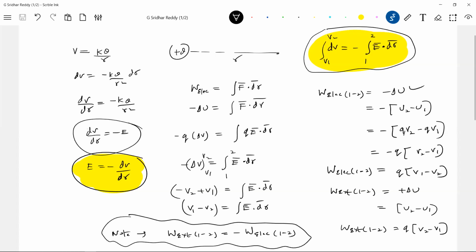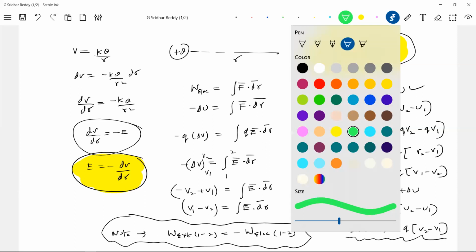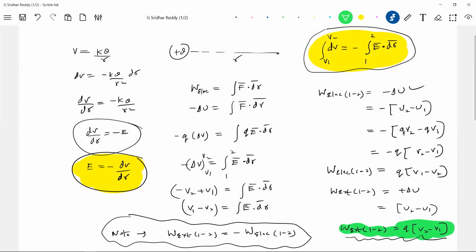Okay, any doubts? If you have, you can clarify. I'll directly enter into the numericals part. This is something you'll be coming across very widely. You have to remember this condition.